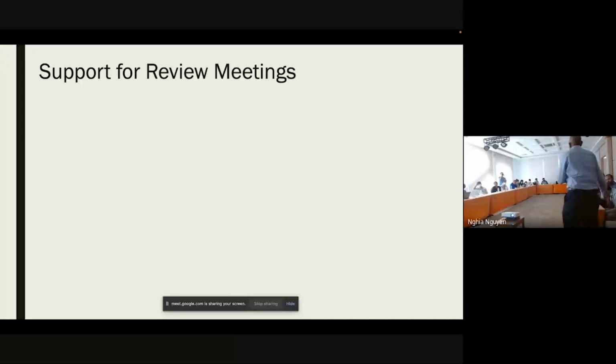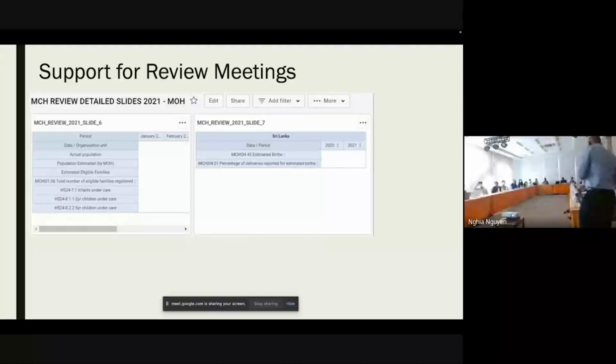After deploying DHIS2 in the MCH domain, you can tell them, okay, these are the areas you should discuss. But going one step further, what we did was, in our DHIS2 dashboards, we created some dashboards.